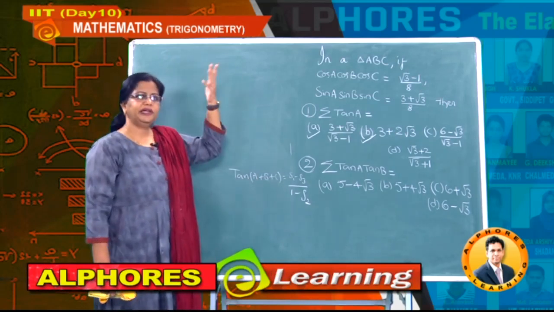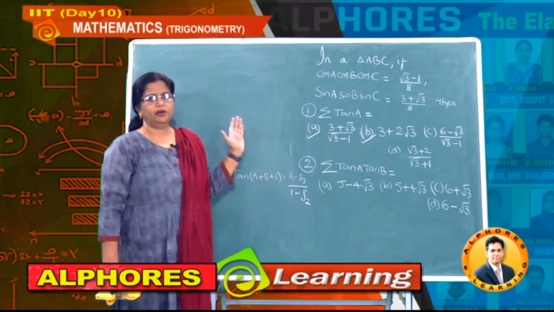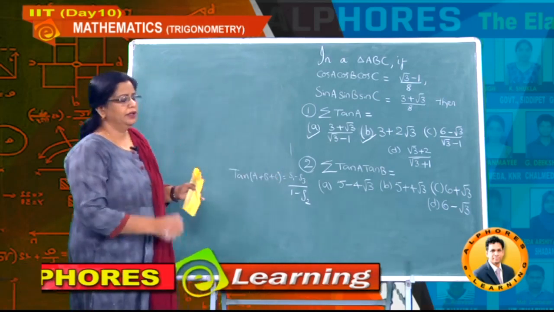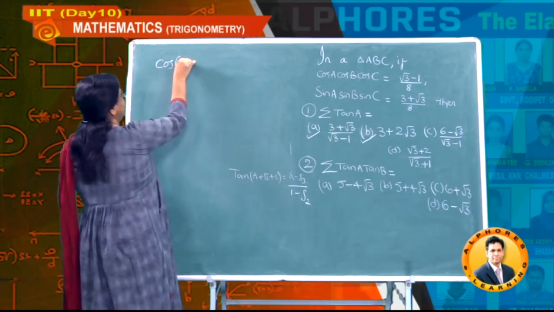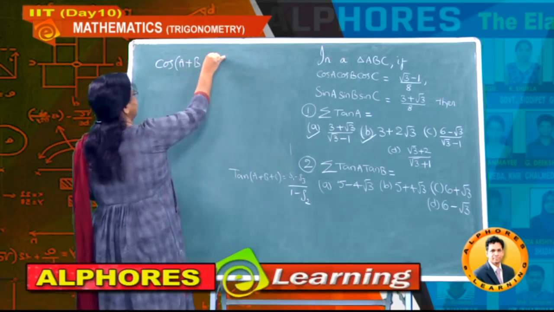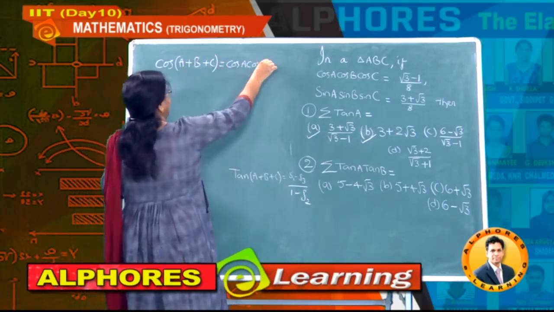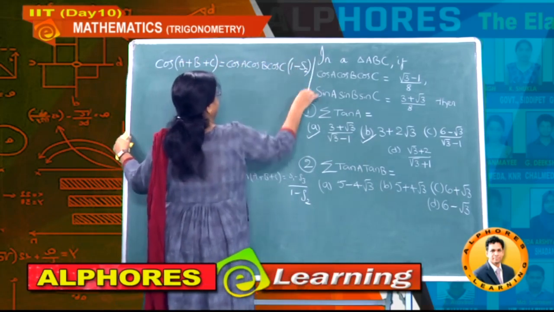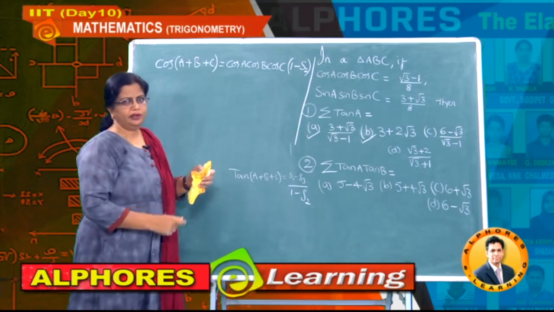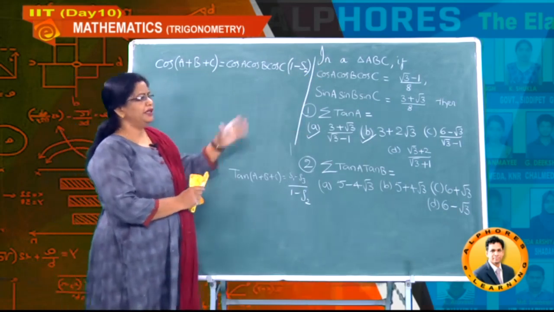Then in those three formulae, where can you find S2? In the formula for cos of A plus B plus C. What is the cos of A plus B plus C formula, students? This is equal to cos A cos B cos C into 1 minus S2. Understand? So, this is our formula. Got it? So, in this formula you can find the value of S2.